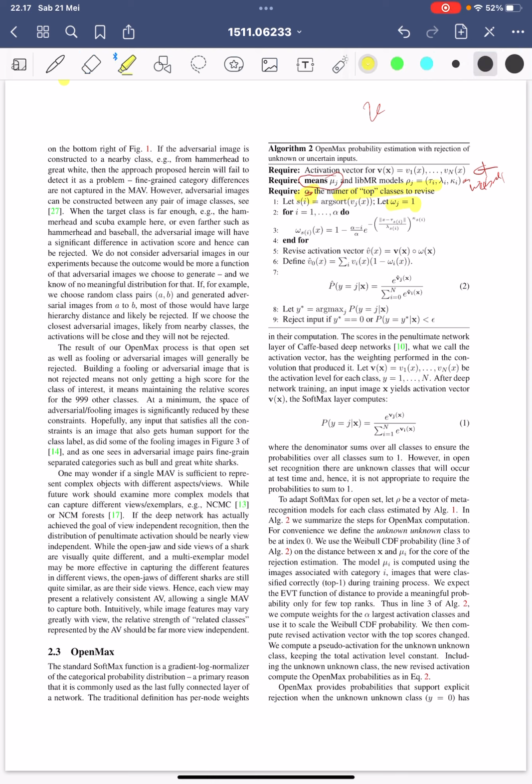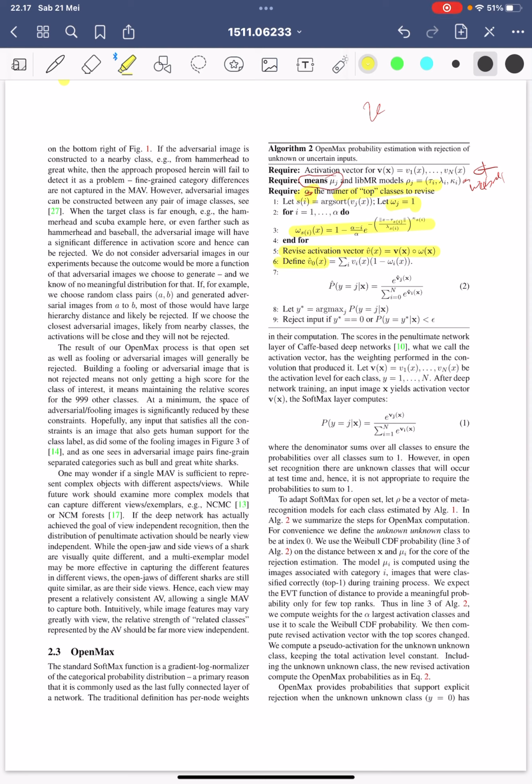Every activation factor in the top alpha will get its weight based on the Weibull distribution, and then we revise the activation factors with that weight.